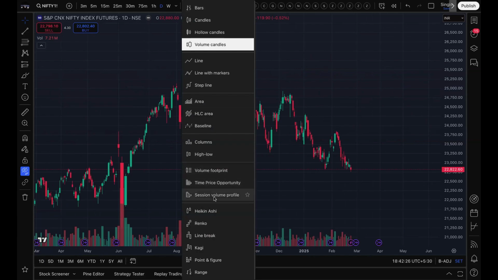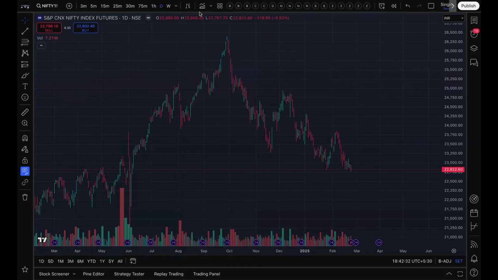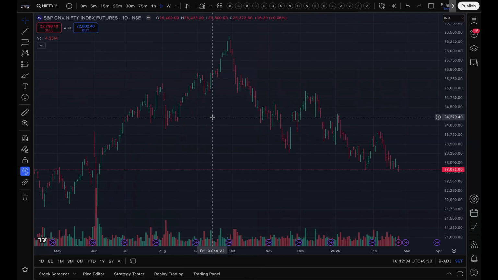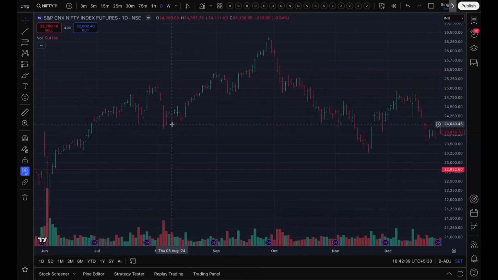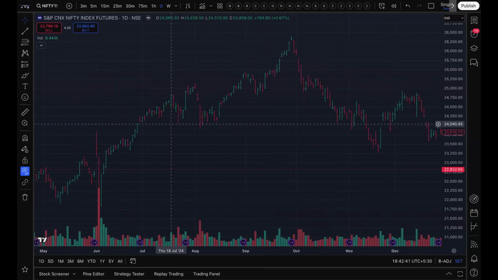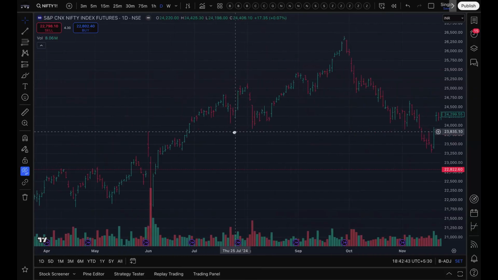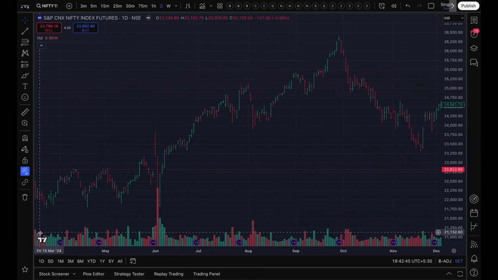I don't think they have exactly what we're looking for, but some of the other charting tools might have that, where the bar is constructed not based on time, but on the fact that X amount of volume has been traded on a particular day.